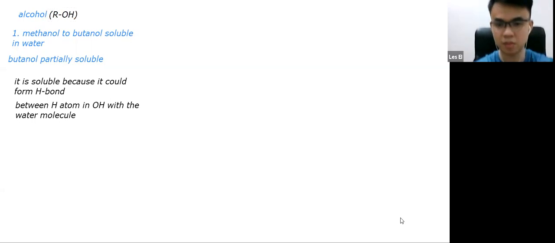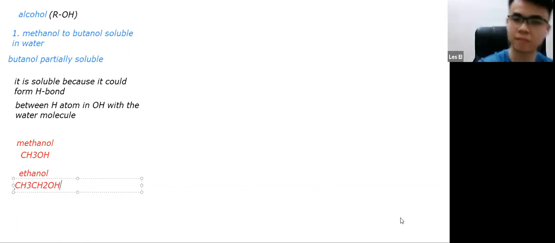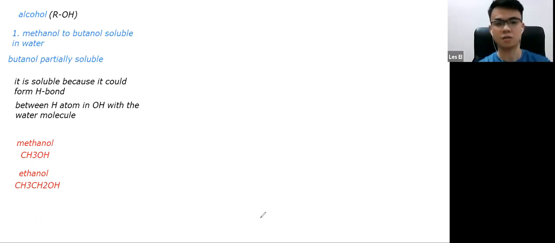For example, methanol means 1C, so CH3OH. Ethanol means CH3CH2OH. So that OH is the functional group of alcohol.